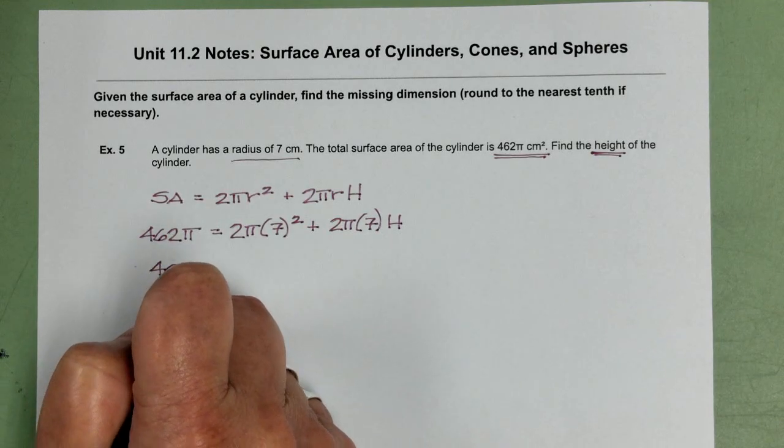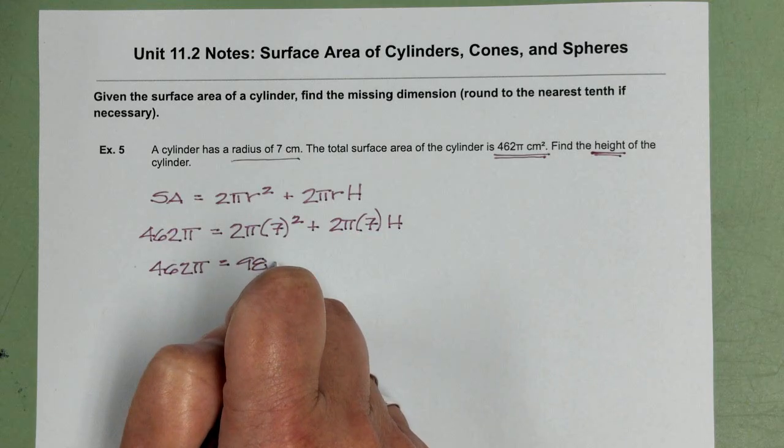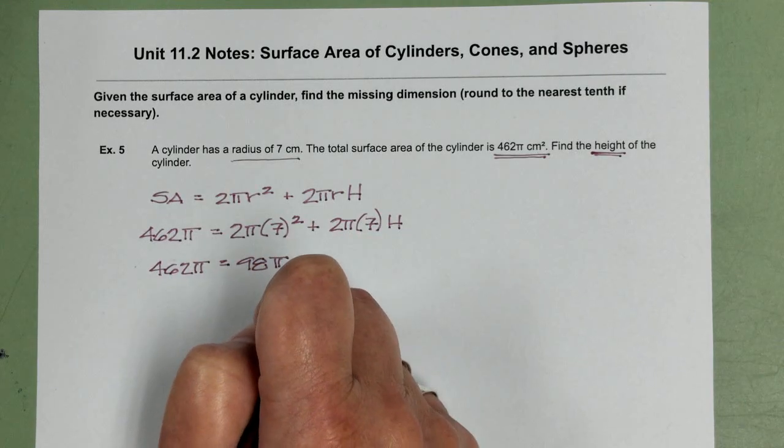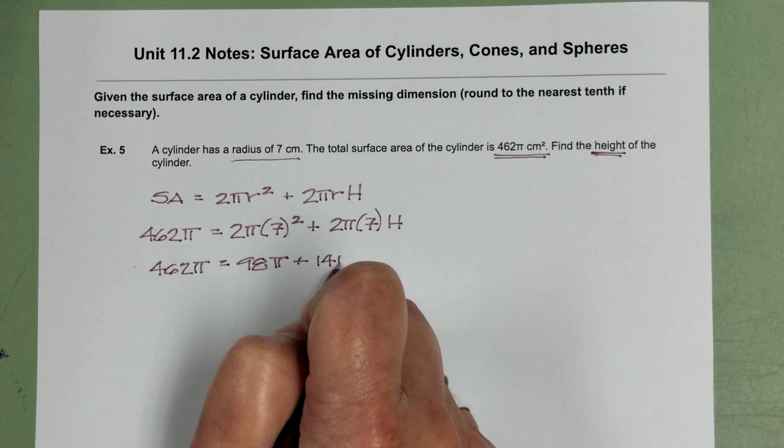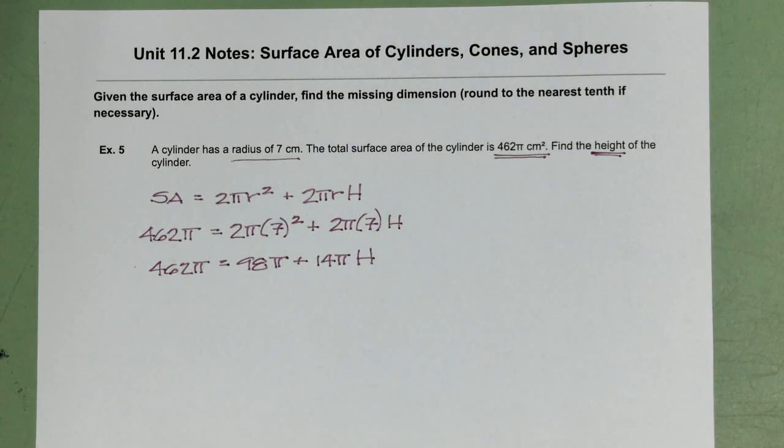Doing the math, we get 98 pi plus 14 pi h. We want to solve for h.